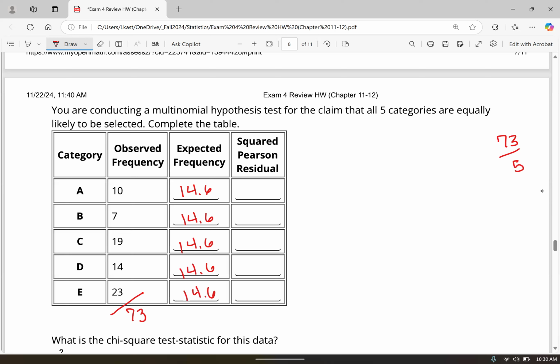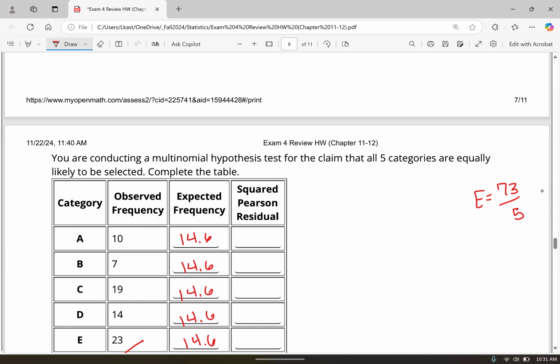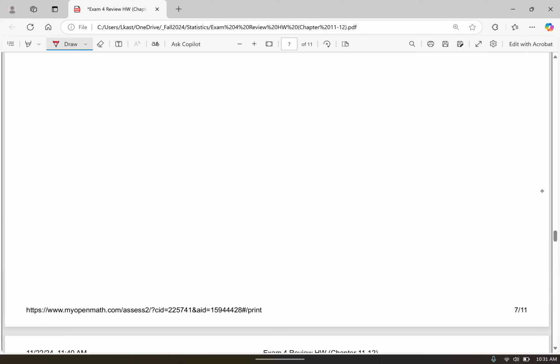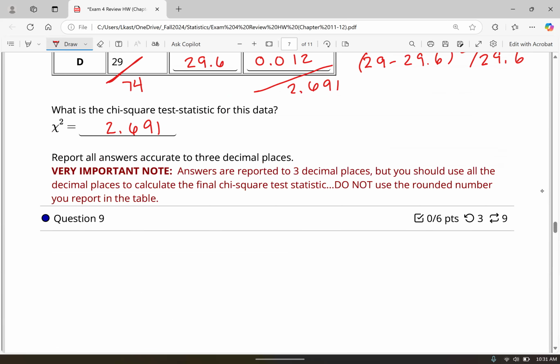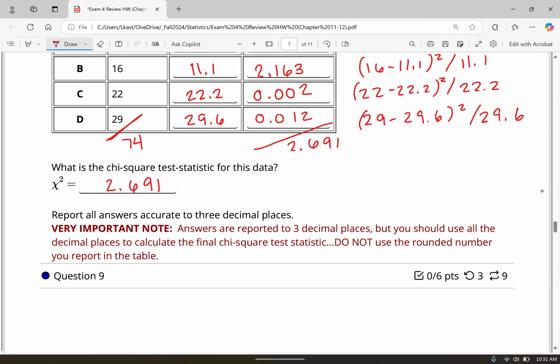The last problem again, the total chi-squared, I got 3.691, not 2.691. Seeing if you were awake.